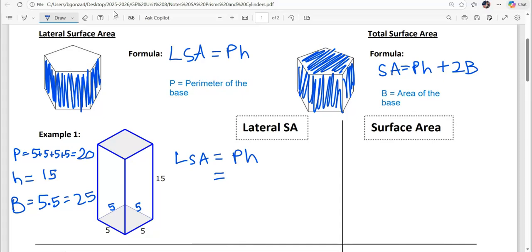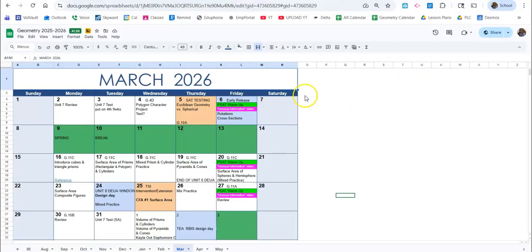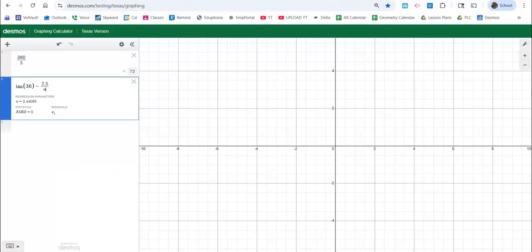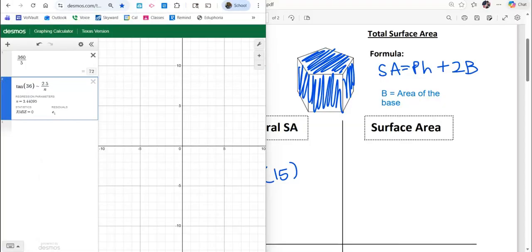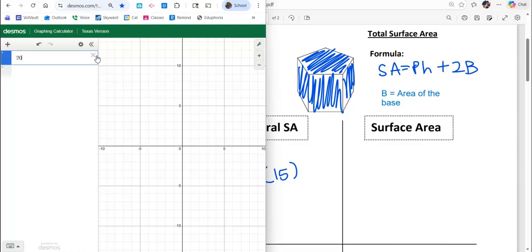P, we said, was 20. H is 15. 20 times 15 is 300.